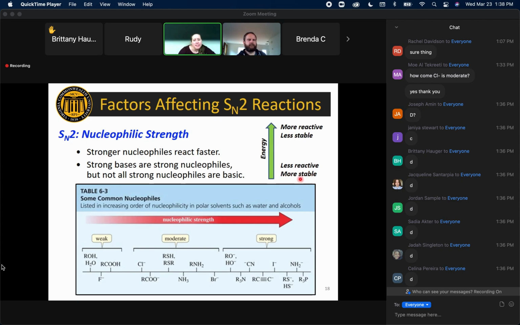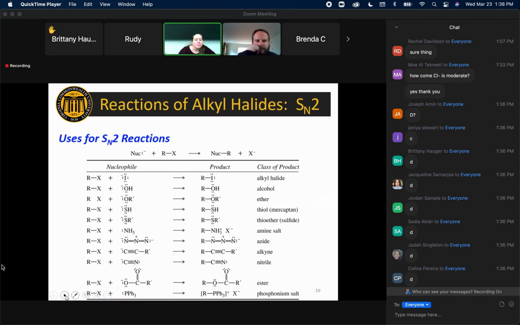So if you have a more stabilized negative charge, like in the case of RCOO-, that is going to be a less reactive nucleophile than in the case of RO-, which is going to be less stable and therefore more reactive. And so you can use this kind of a chart to keep track of that.